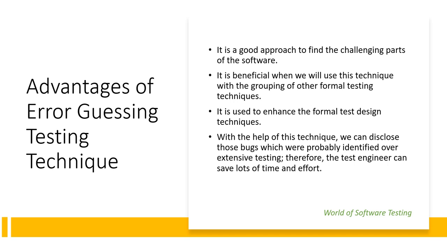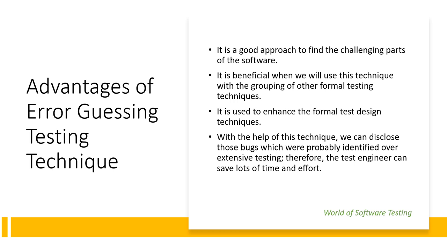Let's see some of the advantages of the error guessing testing technique. It is a good approach to find the challenging parts of the software. With your prior experience, you can simply guess what the challenging parts of the software can be, which can be the area or functionality that can cause a lot of issues.